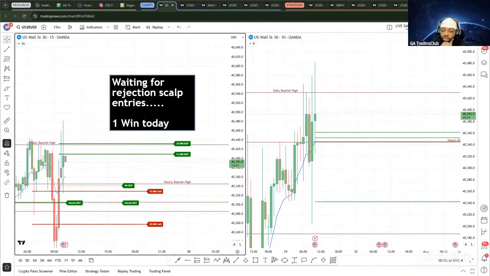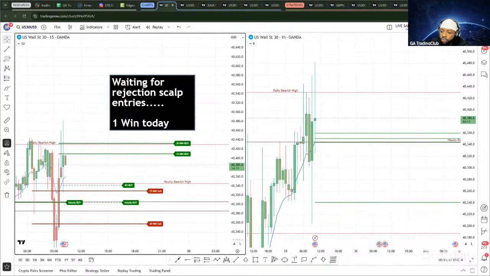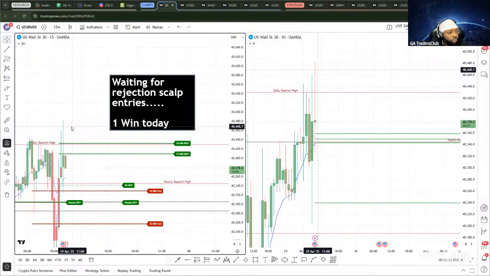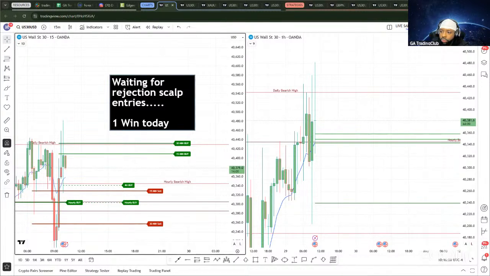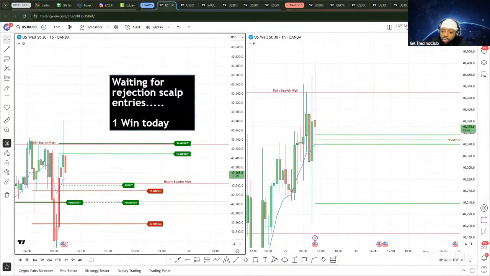Let's see. Possible entry on gold, but this would be much later.